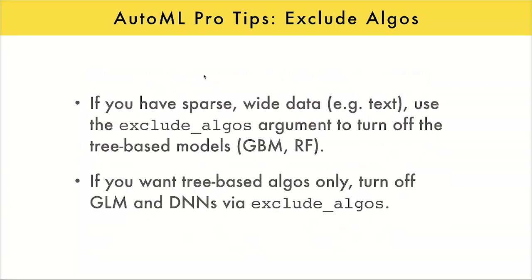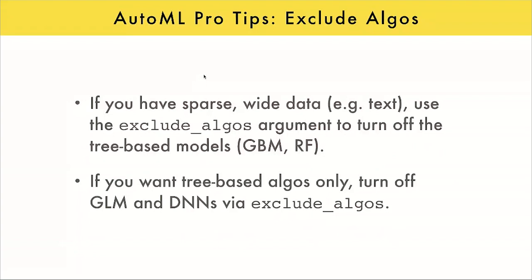If you have non-traditional types of data, let's say traditional data is dense numeric or categorical data, which is what we typically see in business use cases and a lot of different use cases.